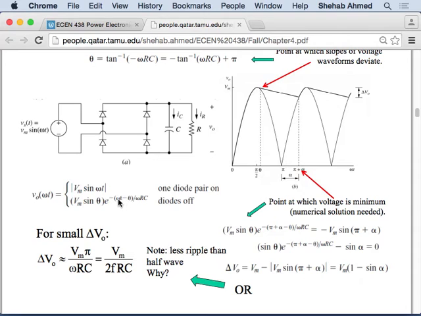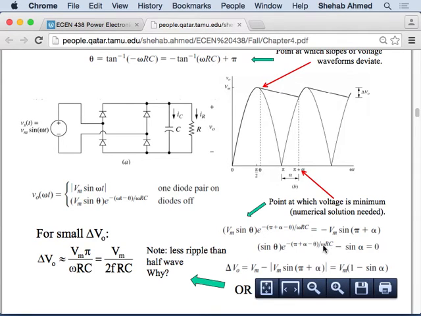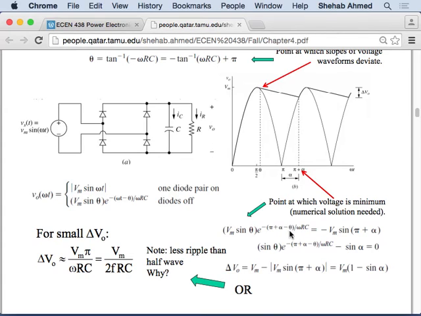They equated this with V maximum sine omega t, but instead of using the absolute value, they put a minus sign, flipping the sine wave. So it's minus V maximum sine at pi plus alpha. They equated these two and tried to find alpha, that was the objective, but they ended up with an equation that had theta, the same mess that we had last chapter.